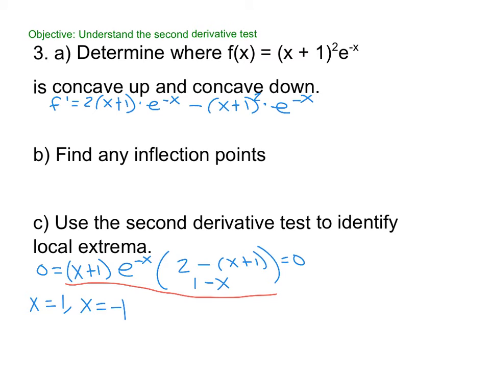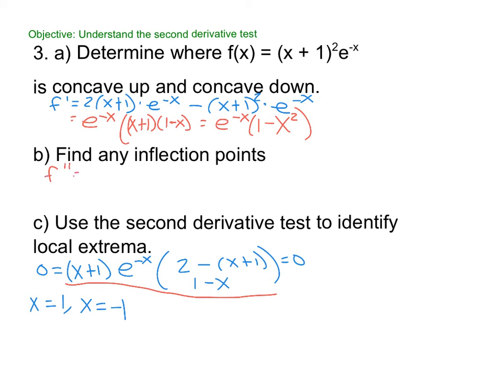So we have e to the negative x times x plus 1 times 1 minus x. That's actually nice, that's 1 minus x squared. Alright, I'm going to do a product rule on that. I think it's going to be easier.